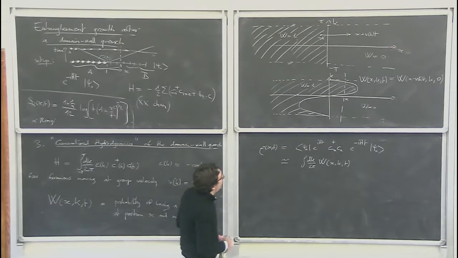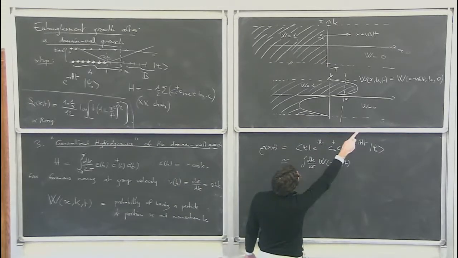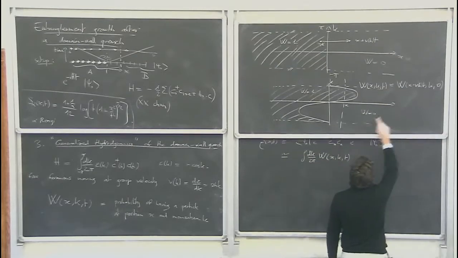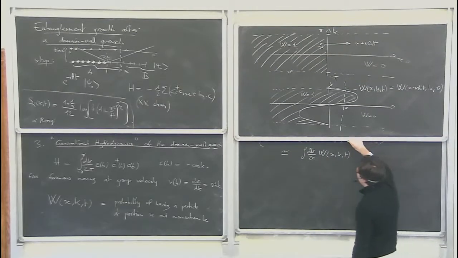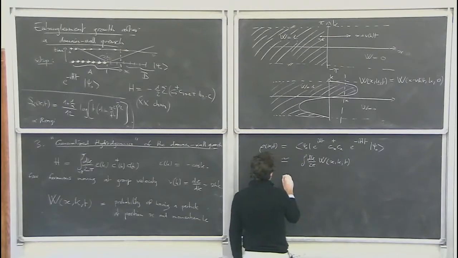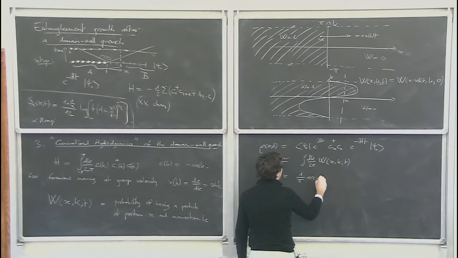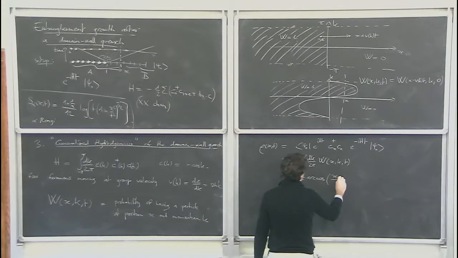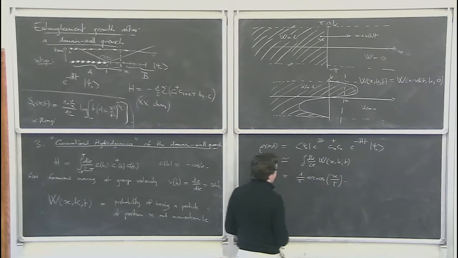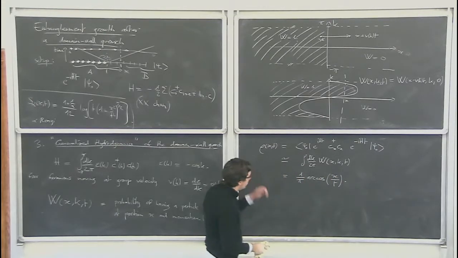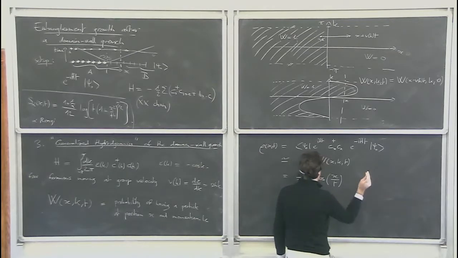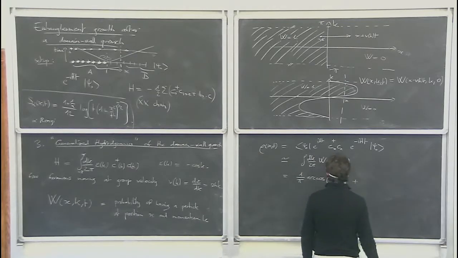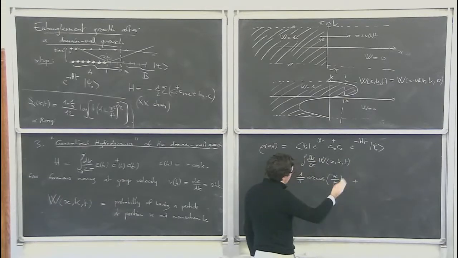All right, and so then because we have this here, and because v is just sine k, you can see that this is 1 over pi arc cosine x over t. At the leading order. Of course, as Bruno discussed in the last lecture, this is only true in this hydrodynamic limit.